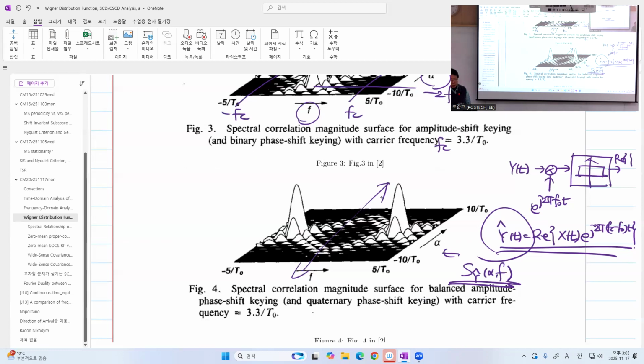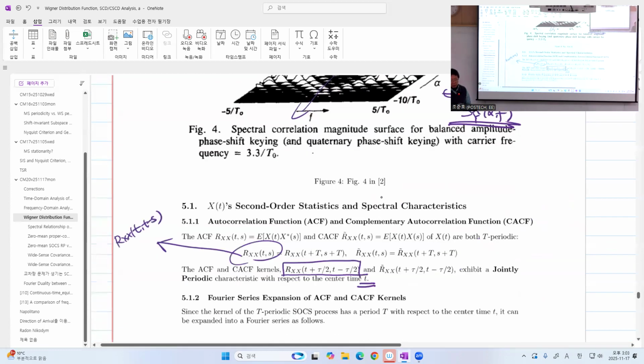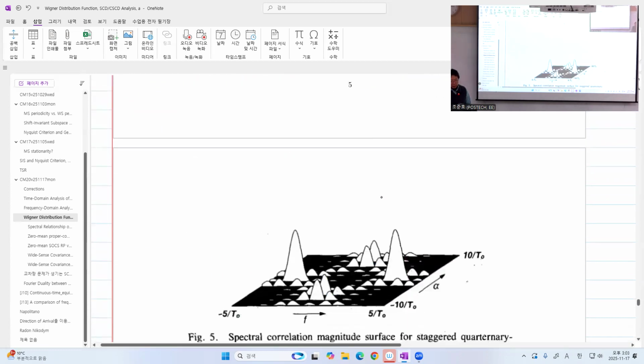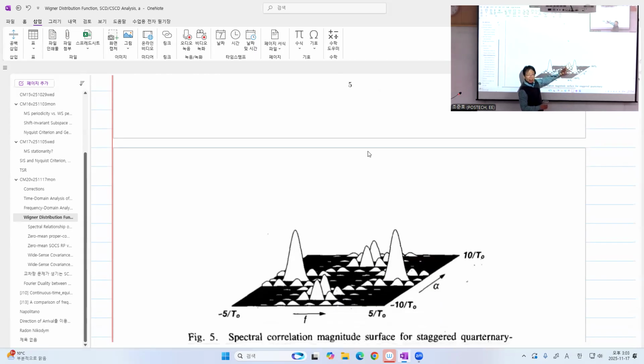Now, here goes another one. I've brought a lot of figures from the references. So what about this? You see these two components. So definitely it could be an improper random process. But unlike the previous one, BPSK, we have a smaller pseudo power distribution along the alpha axis.